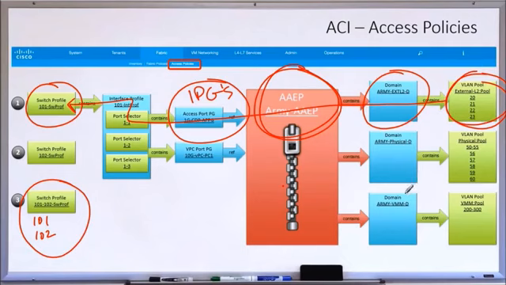Make sense? So the way I think about it, and it's a funky way to think about it, is a switch trunk allowed list. Basically, we're provisioning a switch trunk allowed list on these switches.